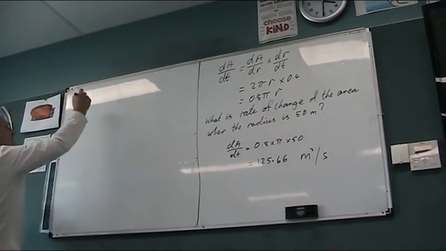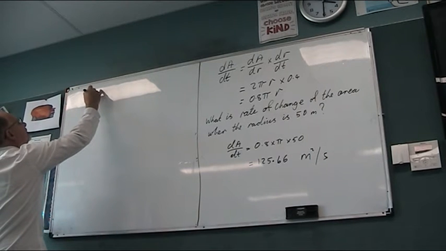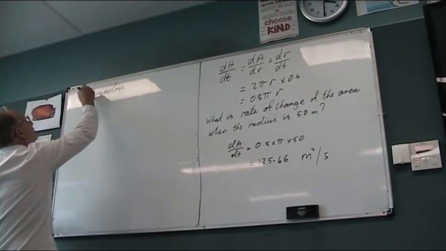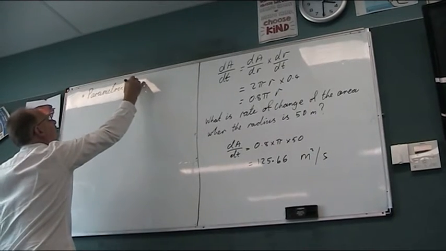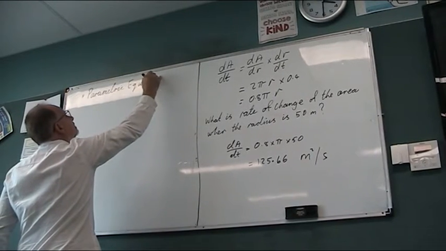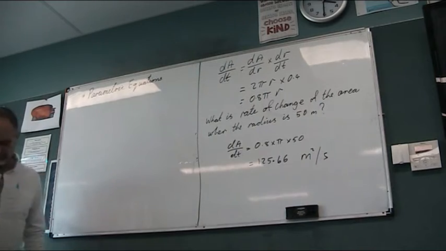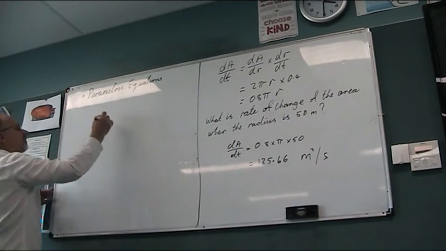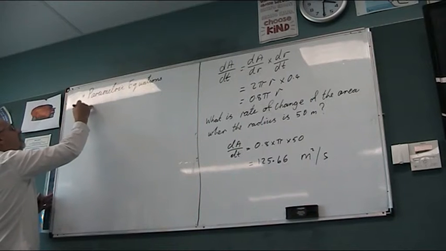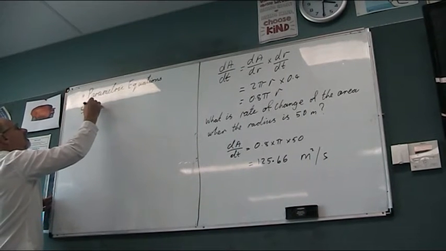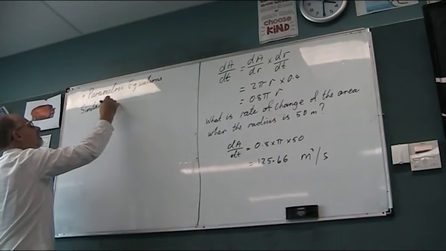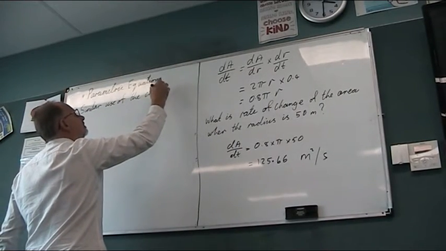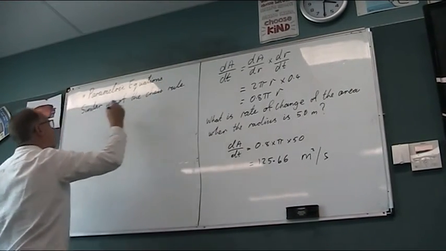For parametric equations, there is a similar use of the chain rule, which will give us the gradient.